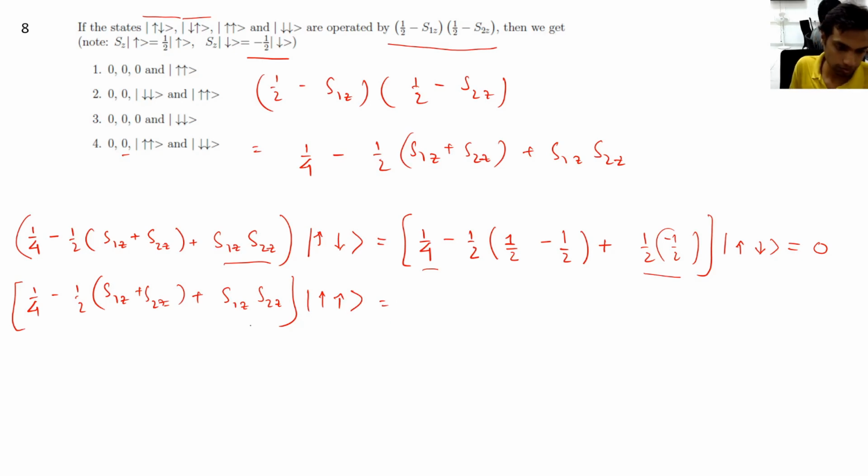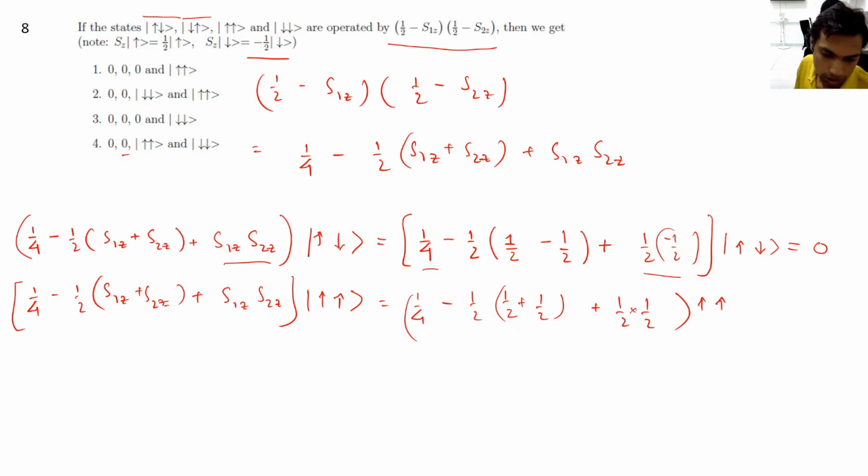Since both are up, you will get half and half for all these operations. So it is 1/4 - 1/2 (1/2 + 1/2) + 1/2 into 1/2. This is up-up.